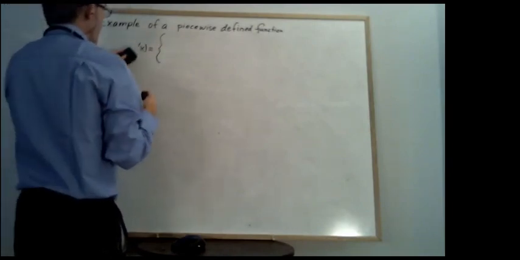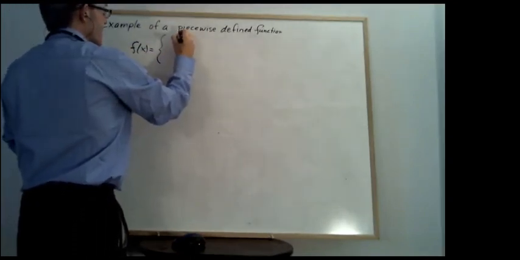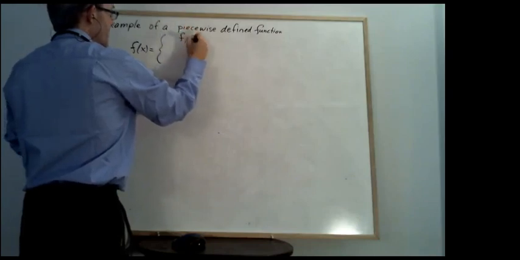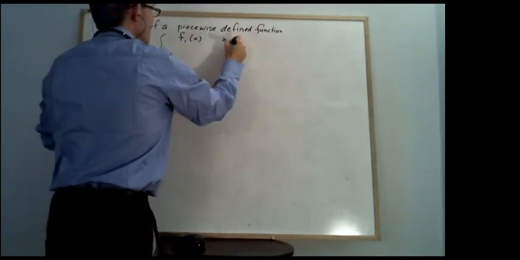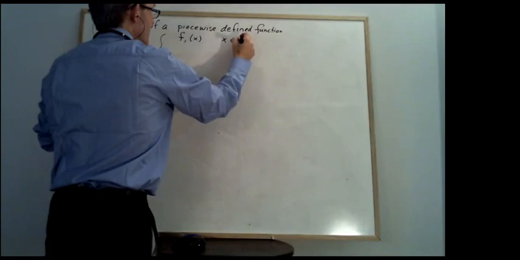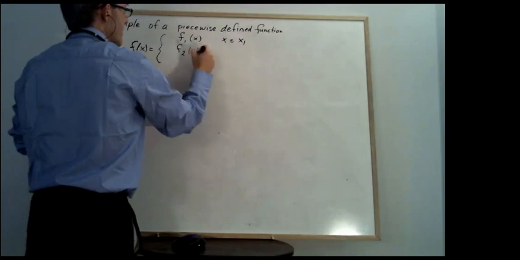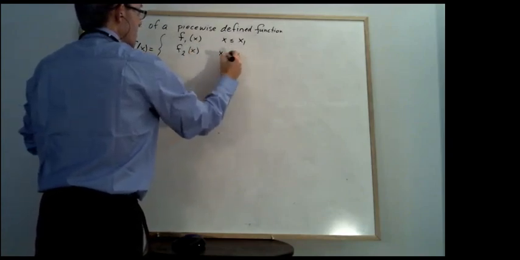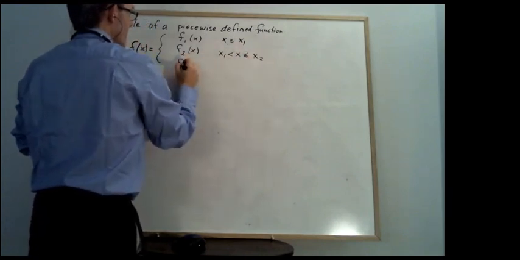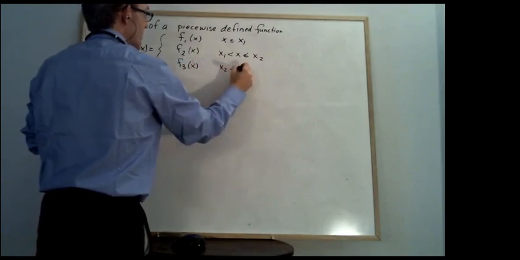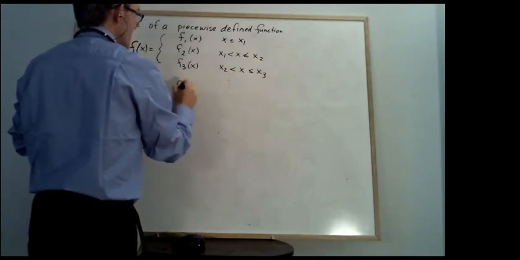So y of x, or f of x, is equal to three different functions. Let's say for x less than or equal to x1, then for x bigger than x1 and less than or equal to x2, then x2 less than x less than or equal to x3, etc. And you can keep on going until you get up to an nth function.